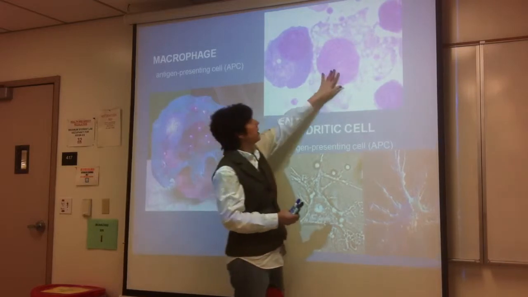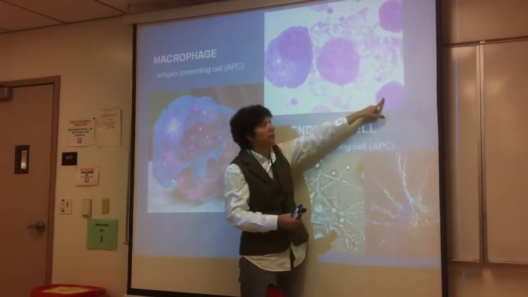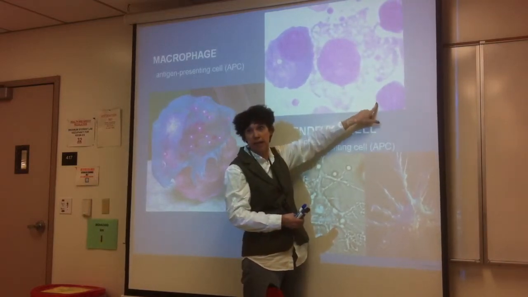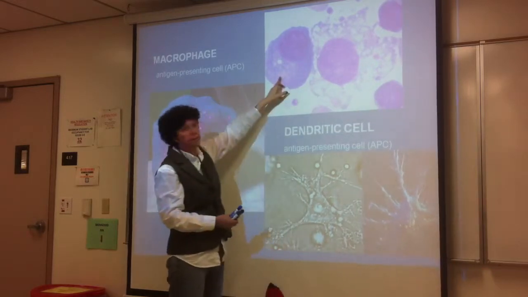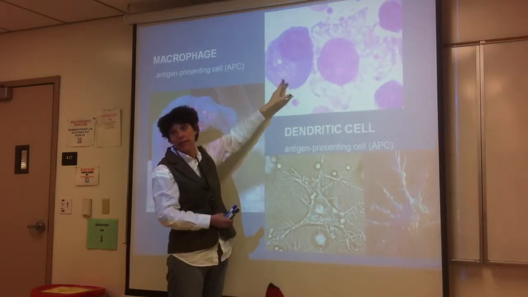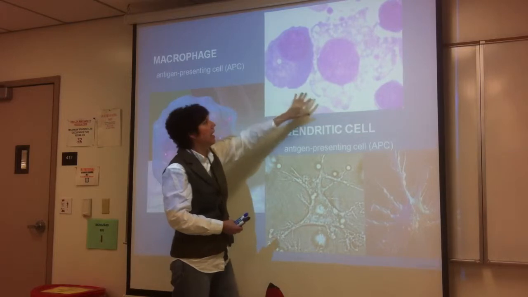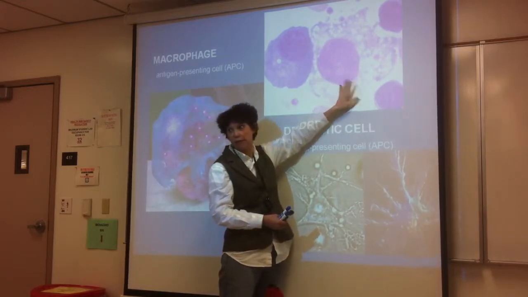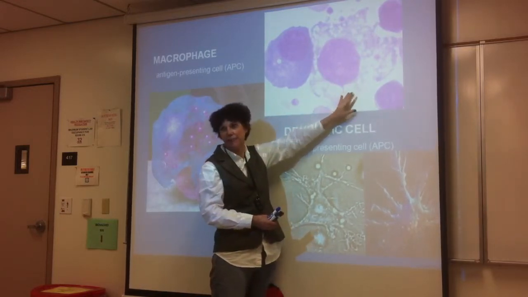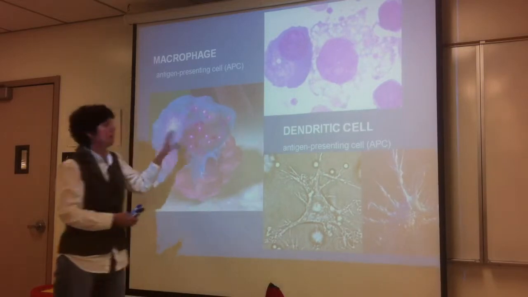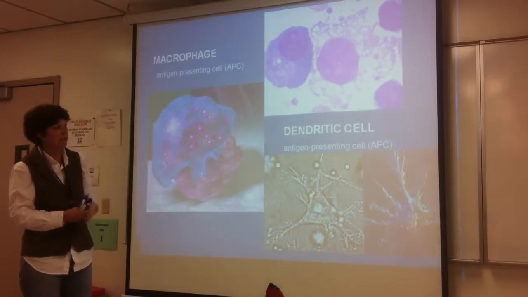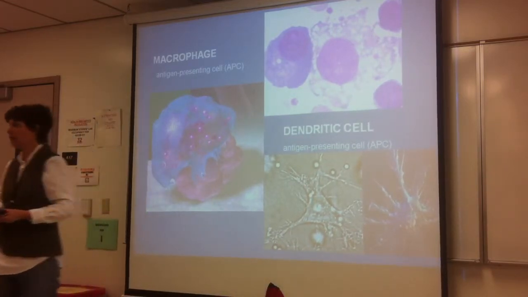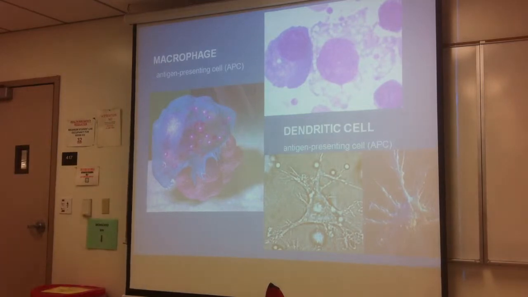Here's a macrophage here and plasma cell. So here's a lymphocyte. Notice how it doesn't have very much cytoplasm apparent. The plasma cell does. So that's an activated B lymphocyte. And here's the macrophage, activated monocyte. So the macrophages and the dendritic cells, along with the B lymphocyte, function as antigen-presenting cells. So APC.